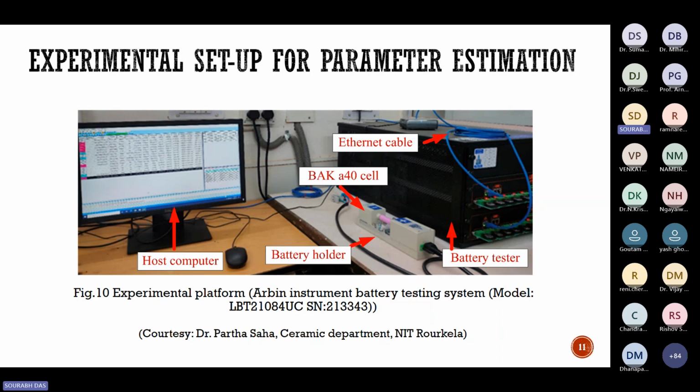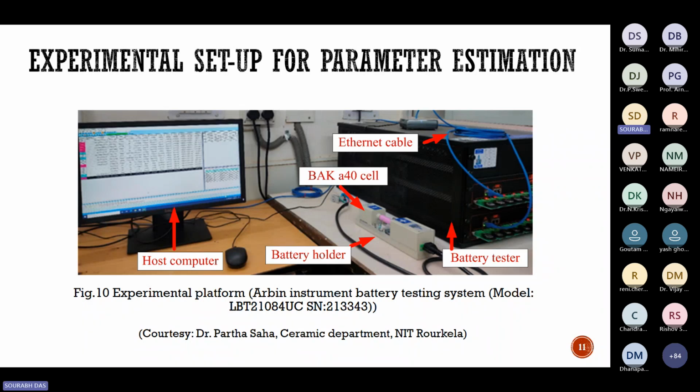The pink color cell is this Samsung battery, and Arbin MITS Pro software is used for monitoring and controlling the cell, which we can see in figure 10.